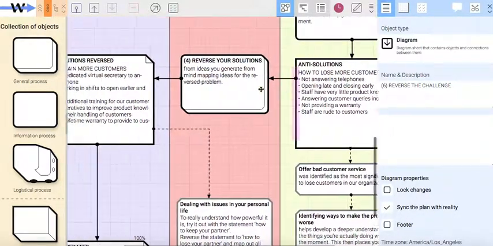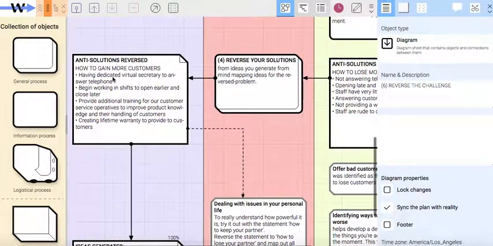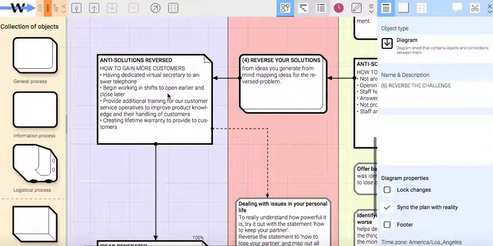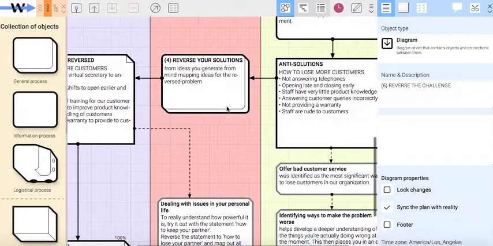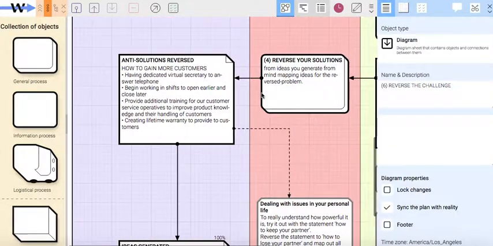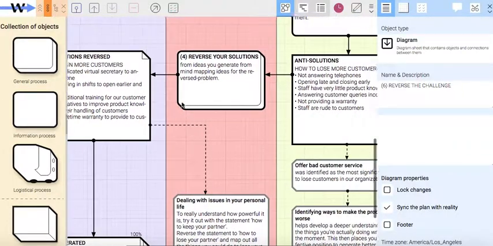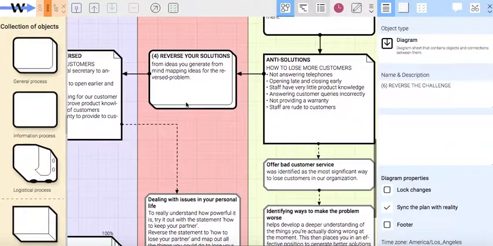So not answering telephone calls is going to be having a dedicated virtual secretary to answer the phone. Opening late and closing too early will be beginning working in shifts to open early and close later. Staff having very little product knowledge is going to be provide additional training for our customer service operatives to improve product knowledge in their handling of customers. So on and on. So that's step number 4.